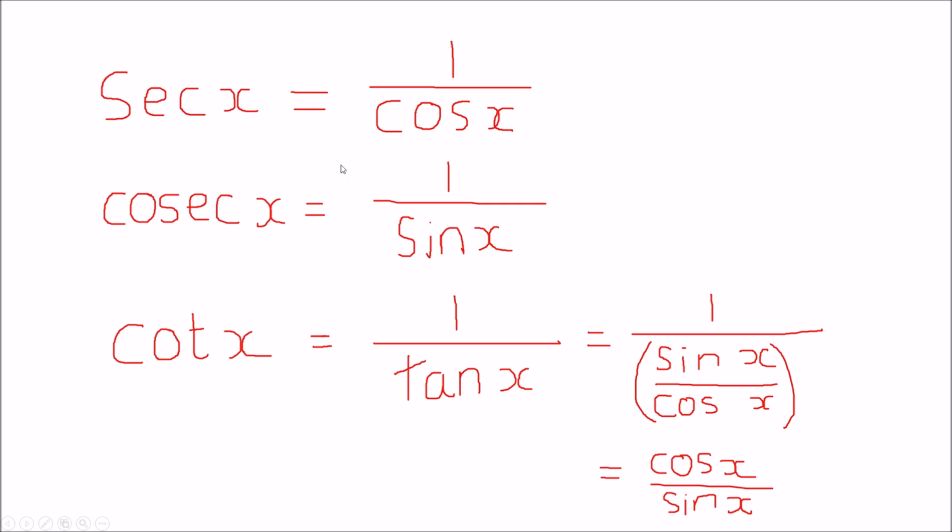Look at the second one, the third letter, 1, 2, 3, s. We use that to determine that it's 1 over sin x. And if we look at the third one, the third letter is a t, which tells us it's 1 over tan x. That's the main trick that I use to remember it, so it should help.